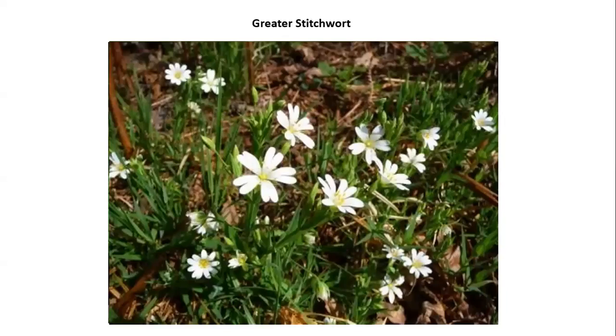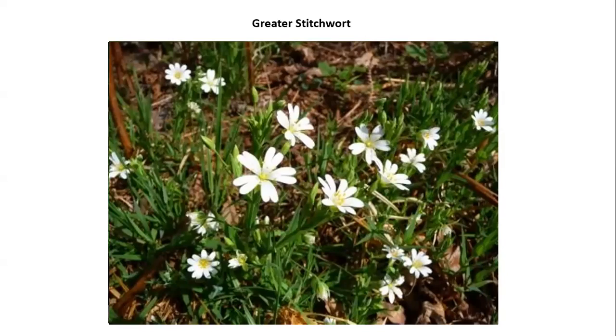Another thing we might find in this sort of area, another spring flower, is stitchwort. This is greater stitchwort. There's two of them, one with a bigger flower than the other. This is greater stitchwort, slightly larger flower, maybe a couple of centimeters across. And this is quite common in the hedgerows.